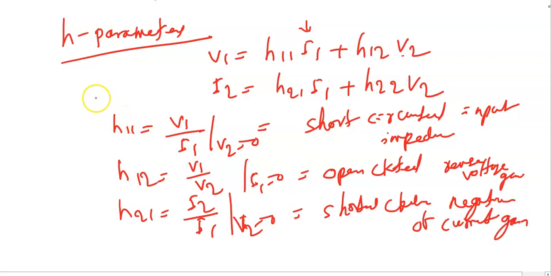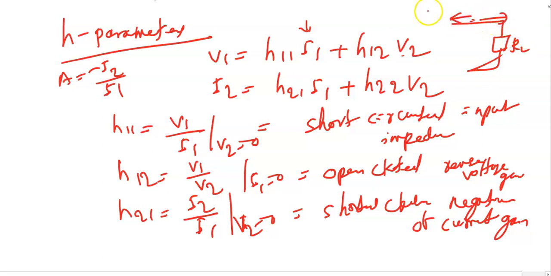See, current gain is always like this, minus I2 upon I1, because current gain by notation is calculated. This is your RL, this current, because we have assumed by convention this is the I2, so this current will be minus I2, and input current already I1, so minus I2 upon I1. But here it is I2 upon I1, that's why short circuited negative of current gain.